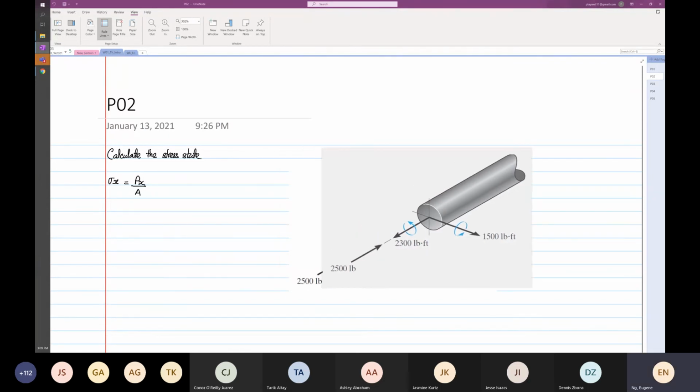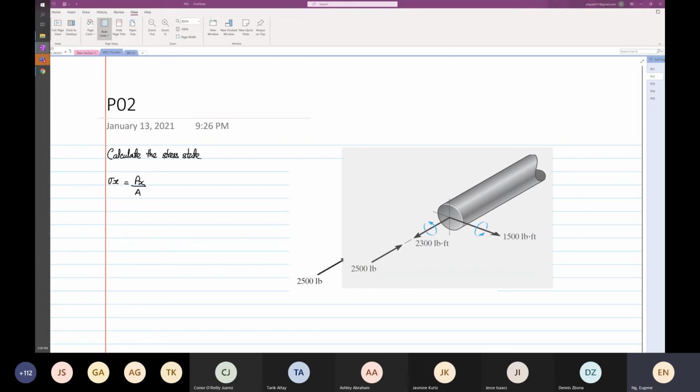So we are calculating stresses in this direction. This is my x again, this is my y, and following down here, this is my z. So it's Px over A.